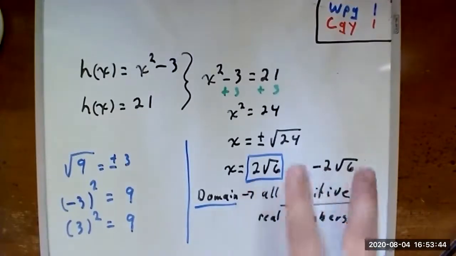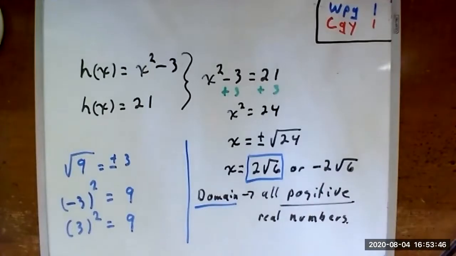If it was just asking for integers, which is to say whole numbers positive and negative, from negative infinity to positive infinity, then there would be no answers because neither of these is actually an integer. So it very much depends on what your restrictions are on your domain, if you're given any.